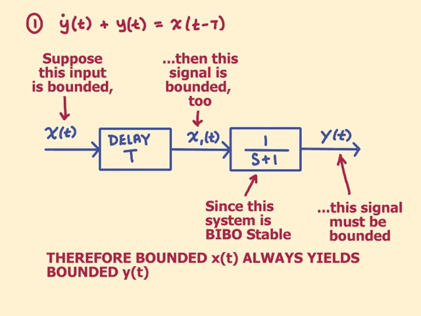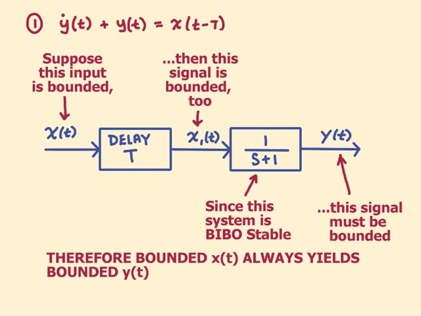We have x of t coming into a system that delays it by T. That gives us x1 of t, which is equal to x of t minus T. That then goes into a transfer function. This transfer function can be found by Laplace transforming equation number 1 and replacing the x of t minus T by x1.